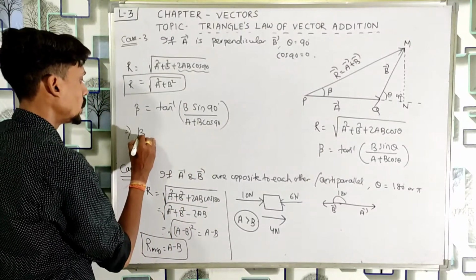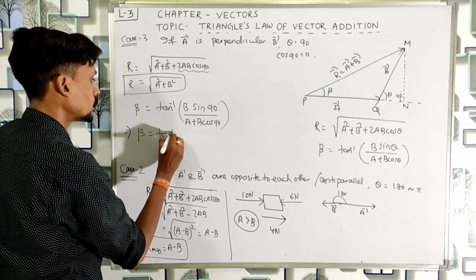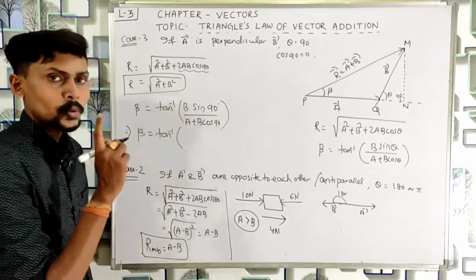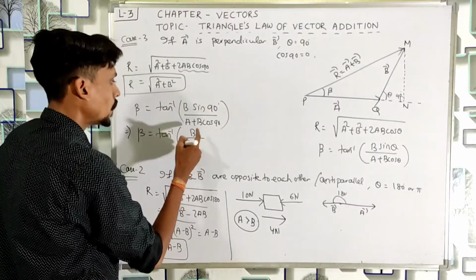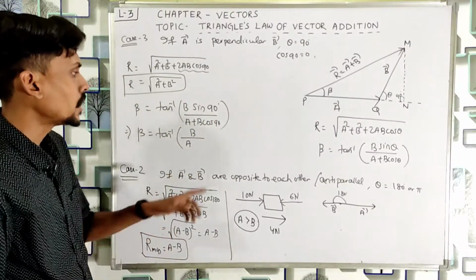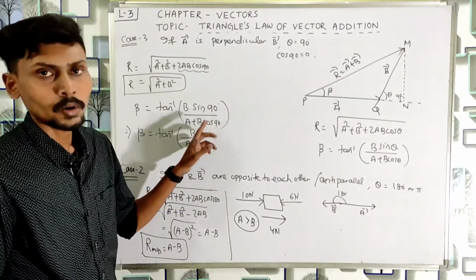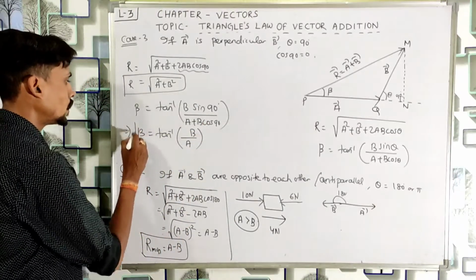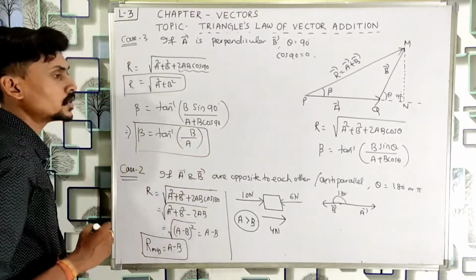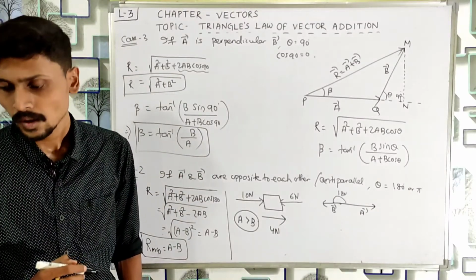So that implies beta equal to tan inverse of, sin 90 is 1, so B into 1 will be B, divided by A plus B cos 90. Cos 90 is 0, so B into 0 will be 0, so we will get tan inverse B by A. So beta is equal to tan inverse B by A.